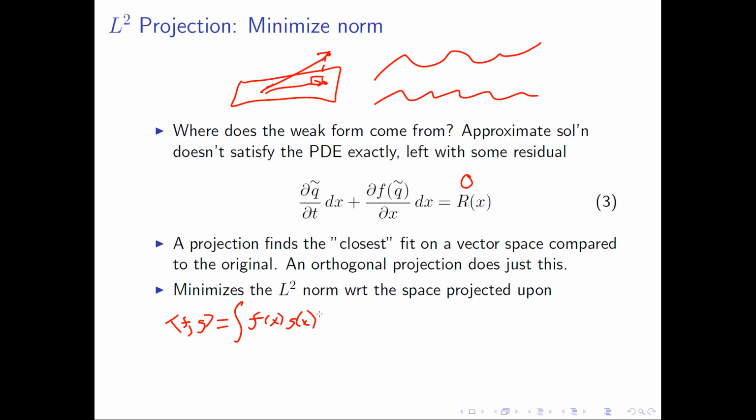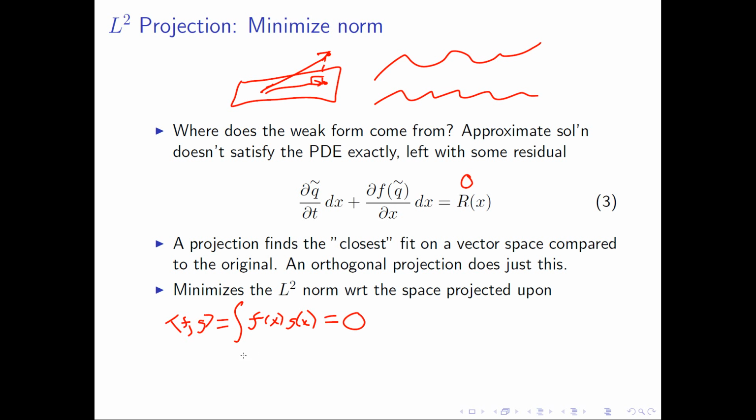Now, for an orthogonal projection, what we're saying is that the inner product is equal to 0. So in other words, whenever your inner product is equal to 0, you're saying something about f and g, that they're orthogonal with respect to each other.